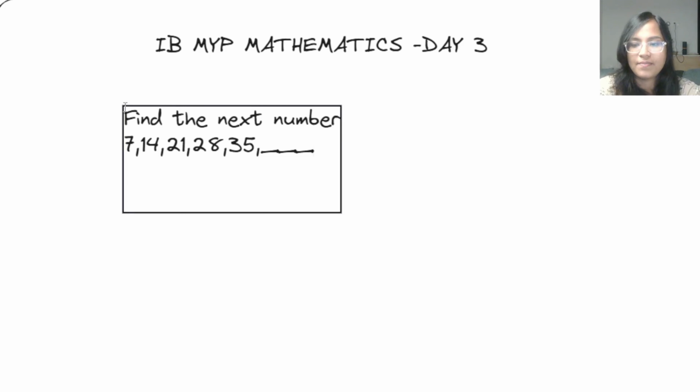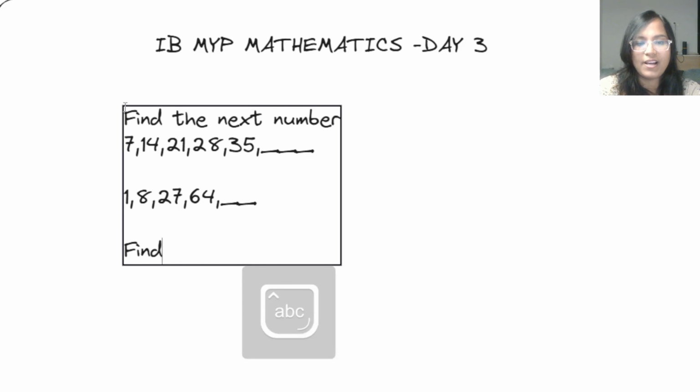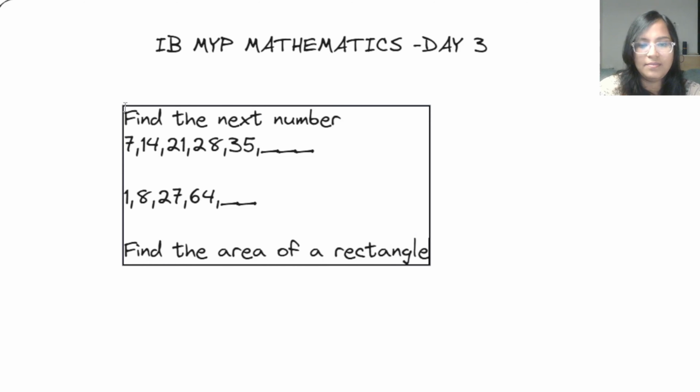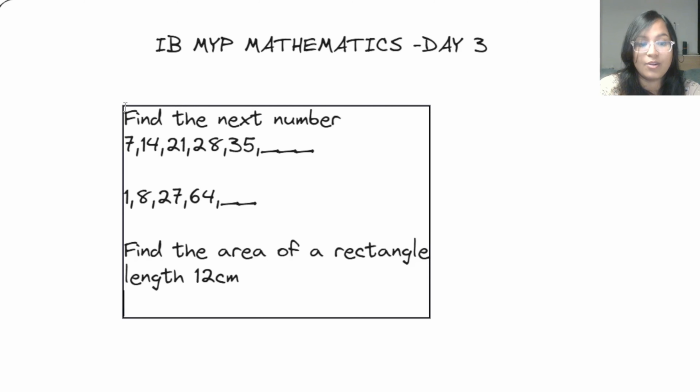Next question: 1, 8, 27, 64, dash. Next question: find the area of a rectangle with length 12 centimeters and width 4 centimeters. Find the area and explain each step.